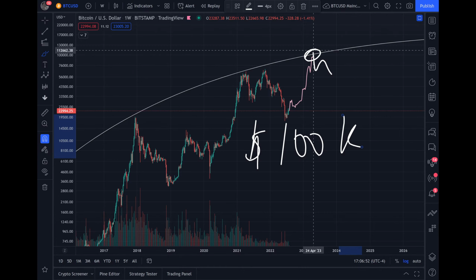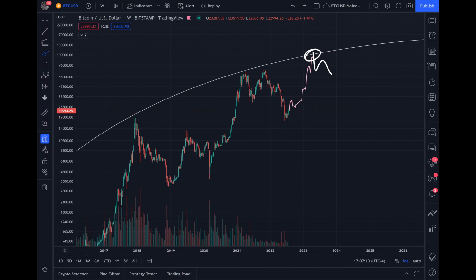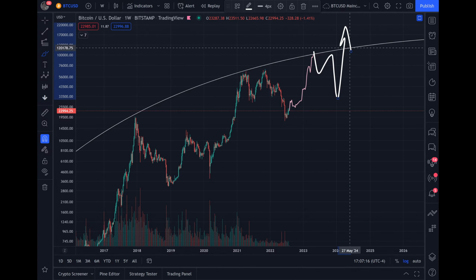So if we come to 100K, it's likely that we're going to reject. Now, how are we going to reject? I believe that we're going to reject in just a regular flat correction. But once that rejection is over, okay, something like this, and we proceed to break 100K, then that's when we really start a run that people cannot imagine, okay?